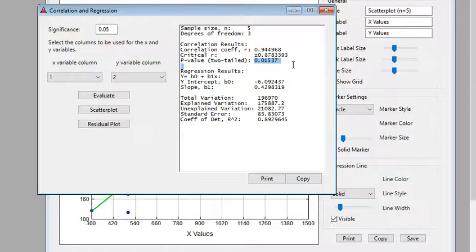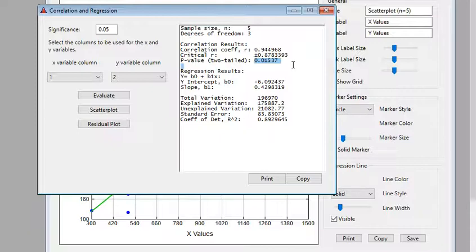So in problem number 18 here, we want to look at whether or not there's a significant non-zero correlation. So we're doing this test.